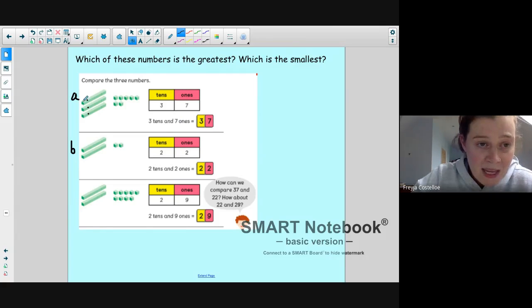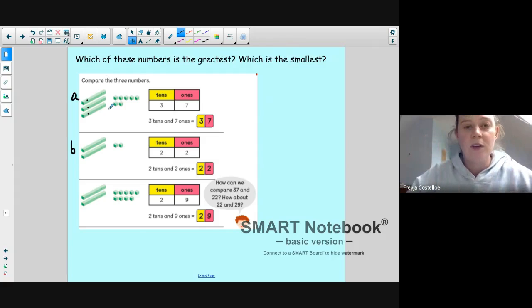Because remember, each of these rods is made up of 10 of these little squares. Yeah, so if we were to break all of these rods up, we would have 37 little cubes here. But we don't want to break them up because it's easier for us to count when they are in groups of 10. So up here we have got 37.